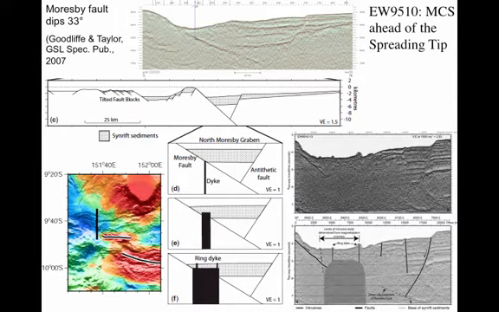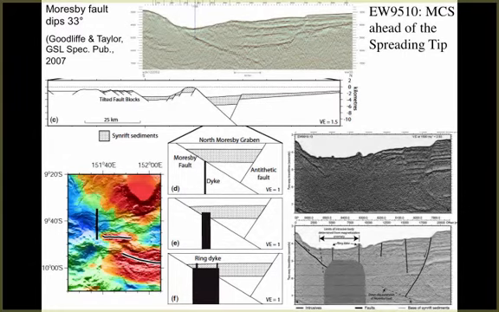We can see these structures imaged by seismic data, where we see these rift basins forming and the normal faults that are thinning the crust.